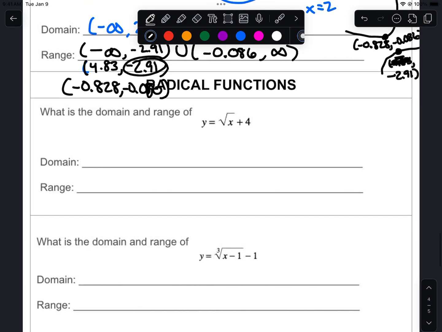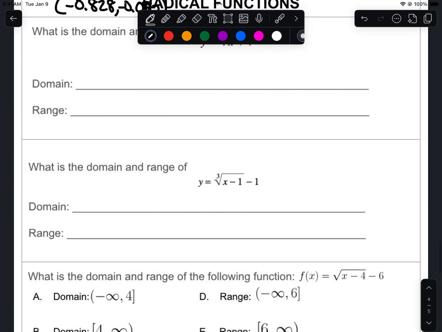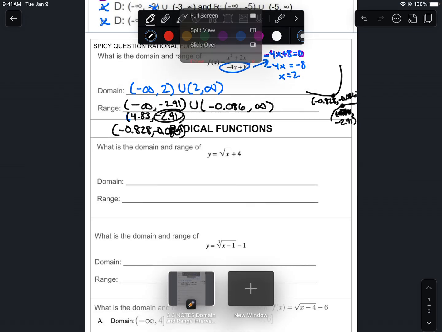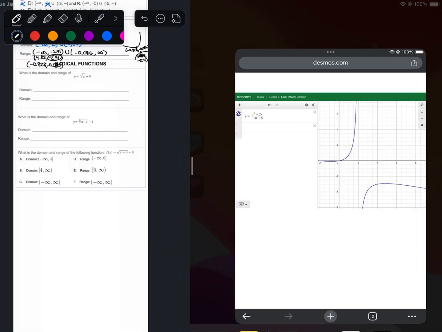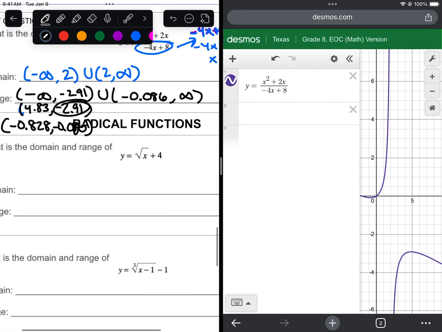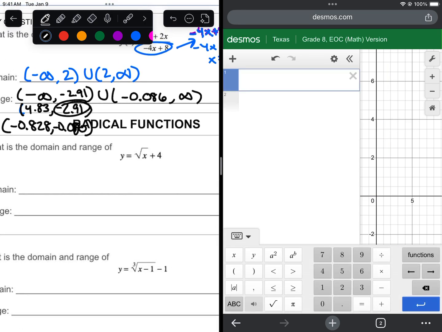Okay, next up, we got what is the domain and range of y equals square root of x plus 4, and we're going to do this pretty quickly. I'm going to go fast. So I'm going to put this on Desmos. Y equals the square root of x plus 4. Make sure that plus 4 is outside.